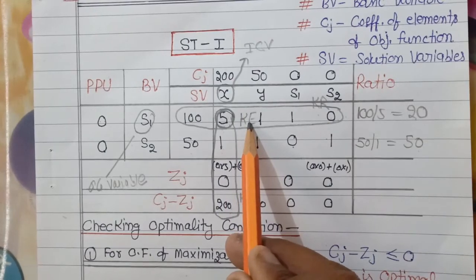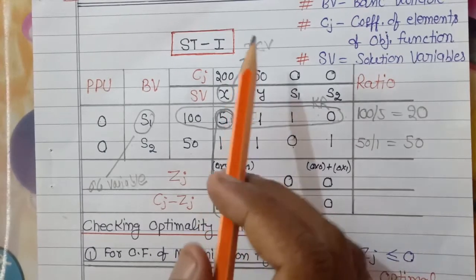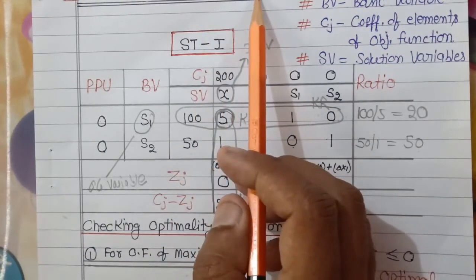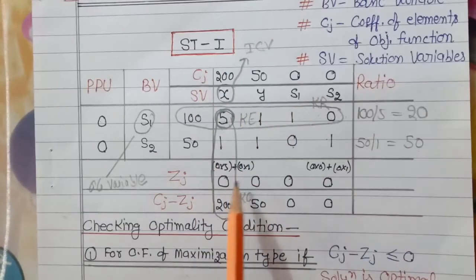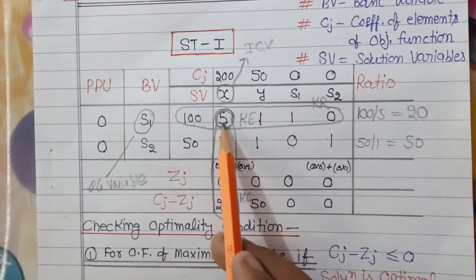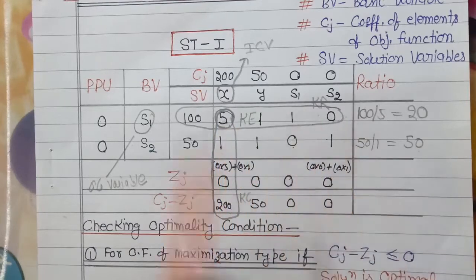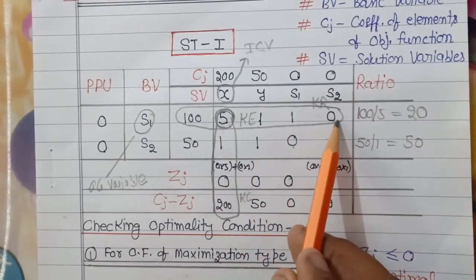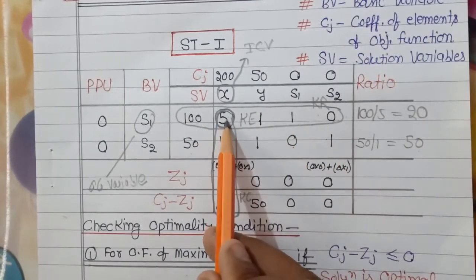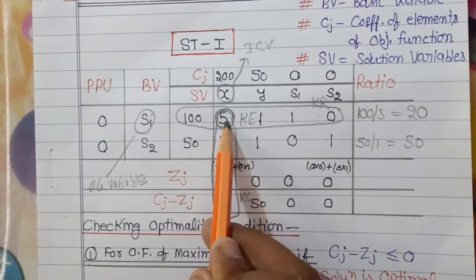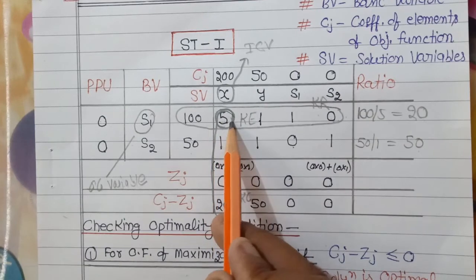Now we have to generate the simplex table 2. For generating the simplex table 2, we have to perform different operations. The first operation is that we have to make this key element a unity. How can we make this key element unity?